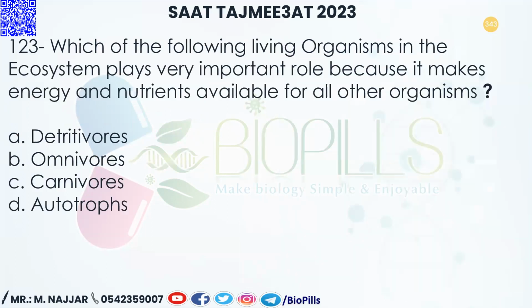And here are the differences. Which of the following living organisms in the ecosystem plays a very important role because it makes energy and nutrients available for all other organisms? It's the detritivore. Detritivore is not making energy.